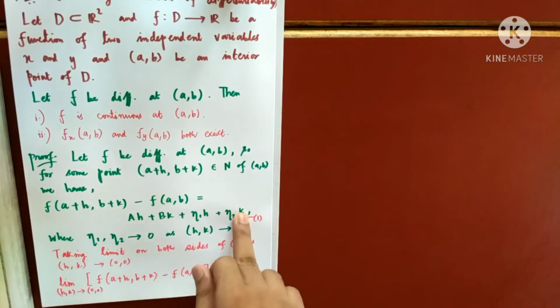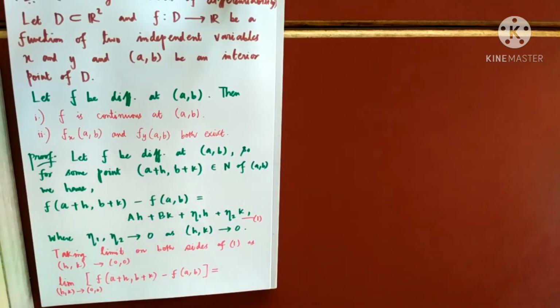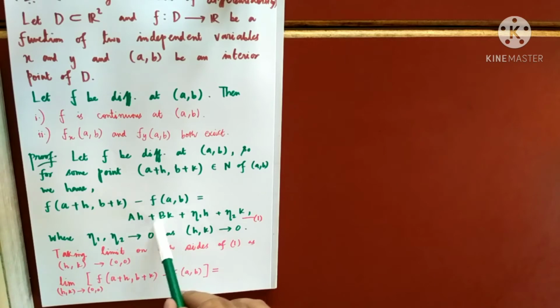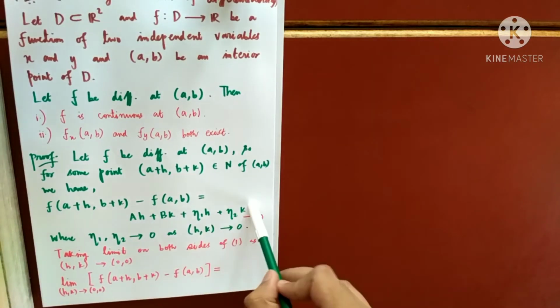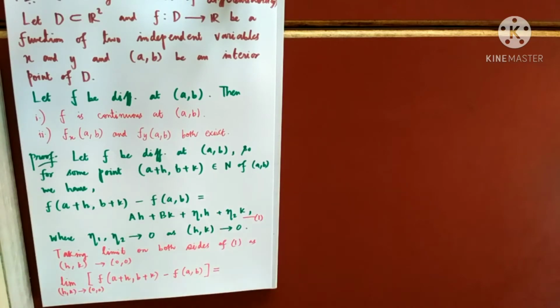On the right hand side, this goes to 0. Why? This is just a finite number, and this h is going to 0. So this goes to 0, this goes to 0. Eta 1 and eta 2 both go to 0. So everything on the right hand side goes to 0.